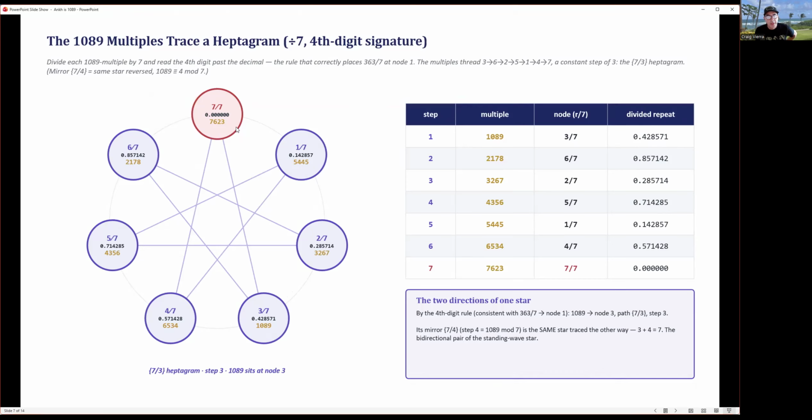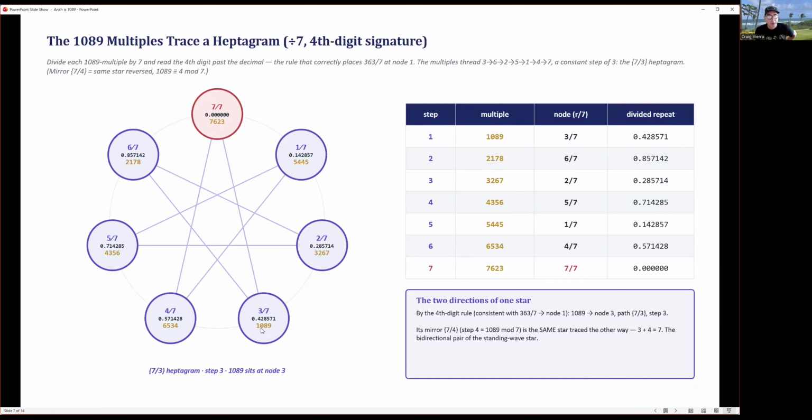But what I did was take the 1089 multiple family and place them back onto this scalar circle. Each one of the first 7 1089 multiples fell on one of these nodes. Direct hits. And 1089 falls on the 3rd node, or 3 sevens.